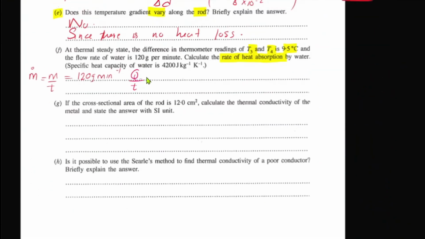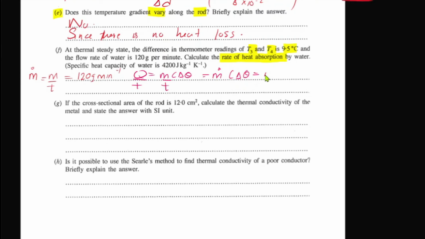Heat absorbed is mc delta theta, so for the rate of heat absorbed, divide both sides by time. This is the rate of heat absorbed: m dot is the mass flow rate, so it is m dot C delta T.